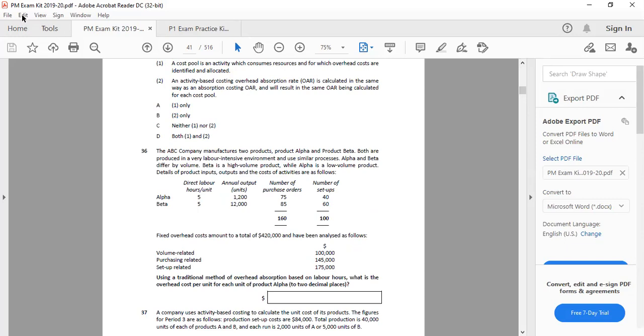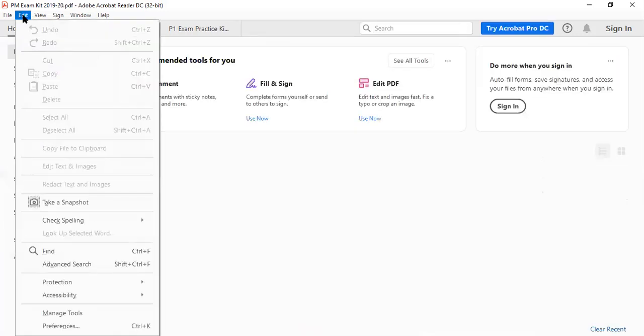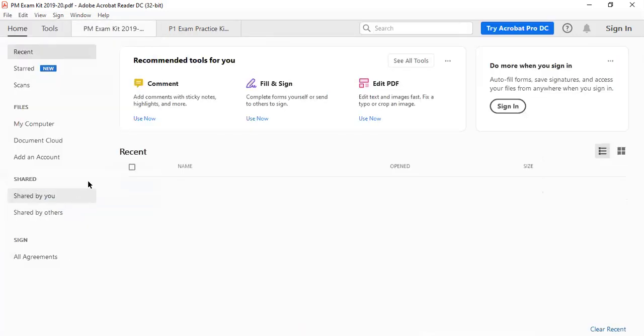So I'm just copying this one. I'll put it in an Excel file.